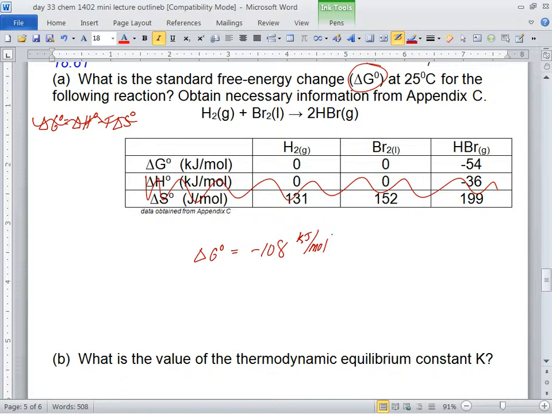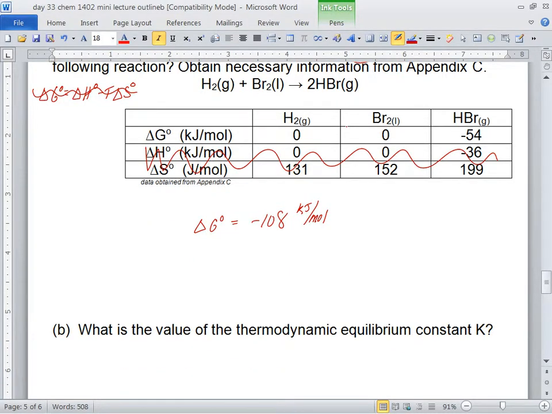Right? Because it's products minus reactants. And then get a number for the thermodynamic equilibrium constant. Start with the equation, right? The natural log expression. Yep. Because it's just 2 times this, products minus reactants, and then minus the zeros.